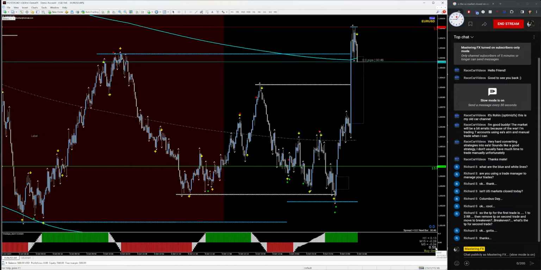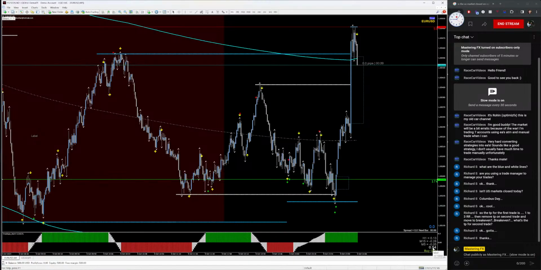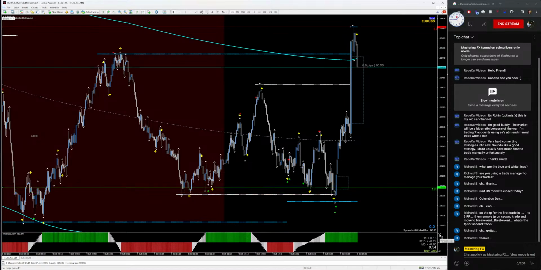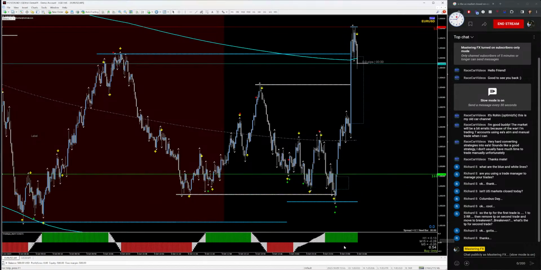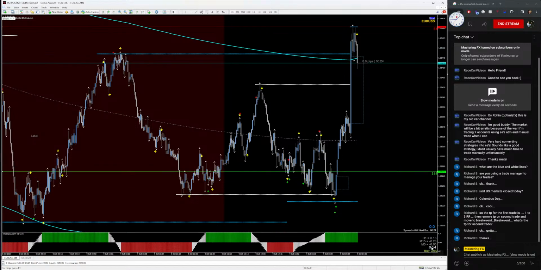Originally the indicator is set to 0.5 where it turns white. I set it to 0.3 to be a little bit tighter. But technically in this case, I would probably consider it at 0.5 as well. We're at 0.54 right now. So let's see.